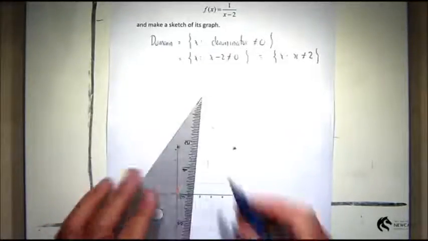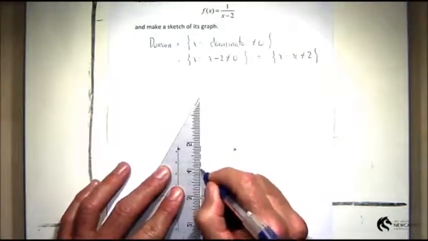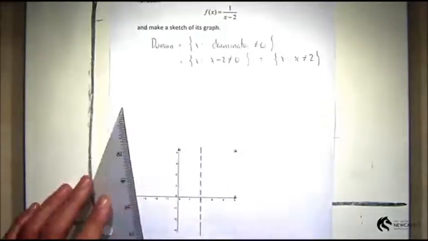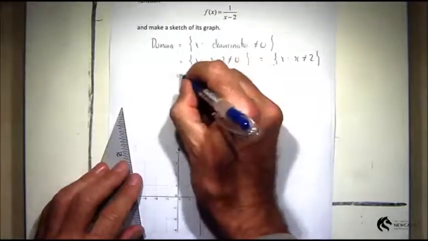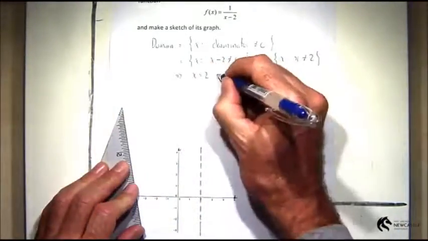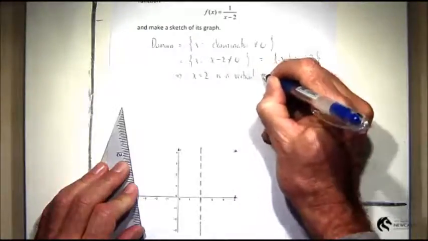So I'm going to actually draw a dotted line in here. Because what this means is x equal to 2, I'm going to use big words on you here, is a vertical asymptote.